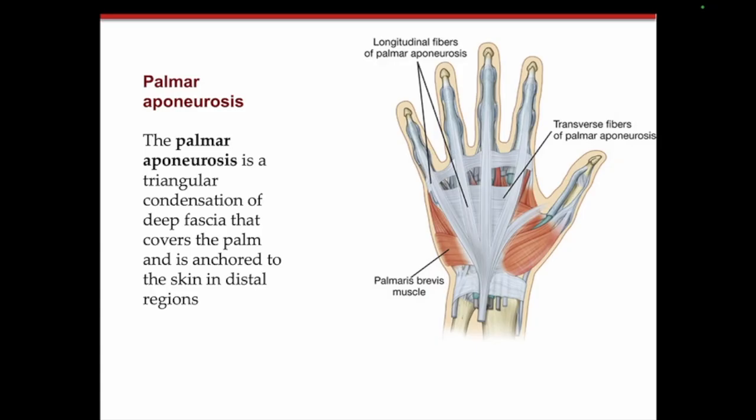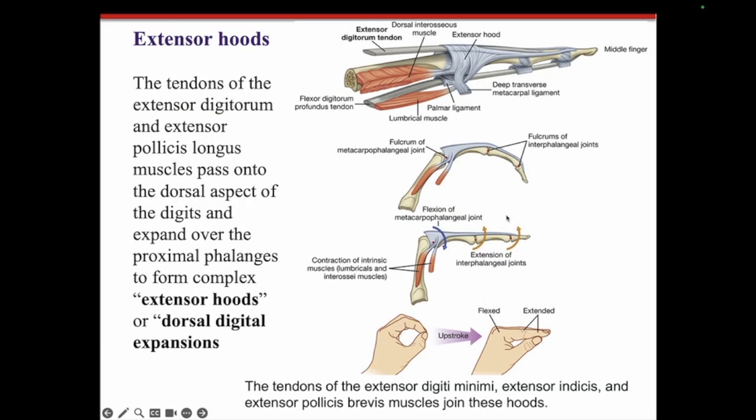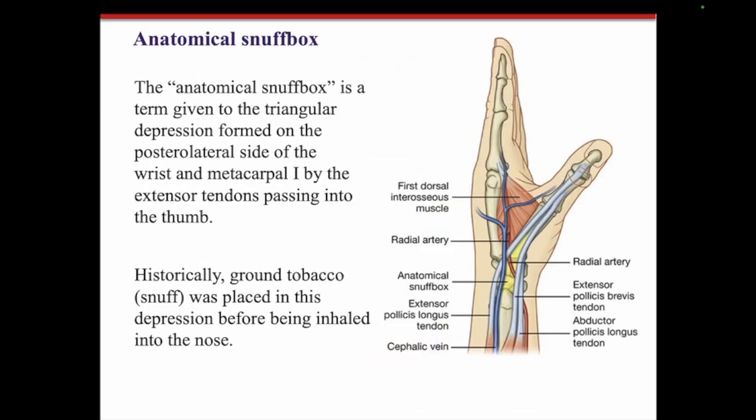The palmar aponeurosis is the deep fascia that covers the palm, and the extensor hoods attach the extensor tendons to the fingers. The anatomical snuff box is the space between three deep tendons: the abductor pollicis longus, the extensor pollicis brevis, and the extensor pollicis longus.